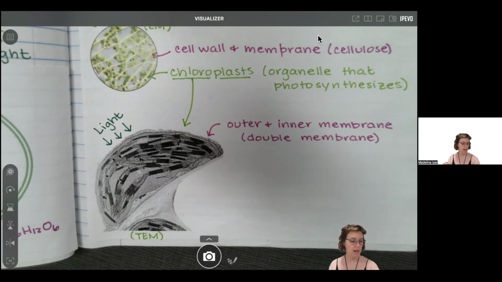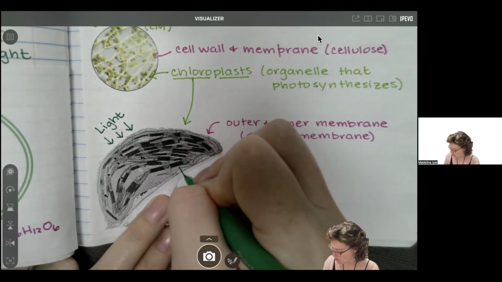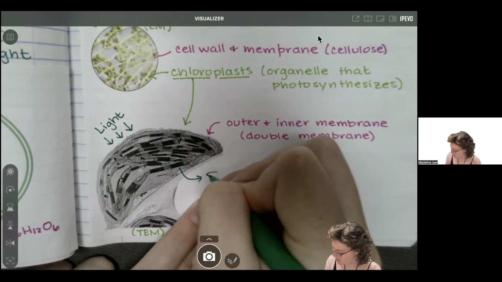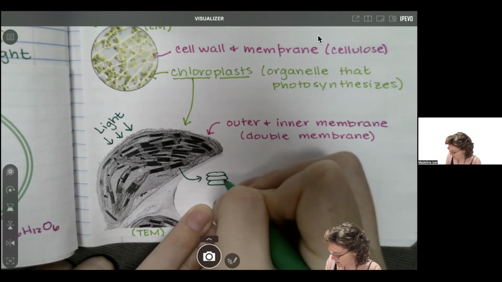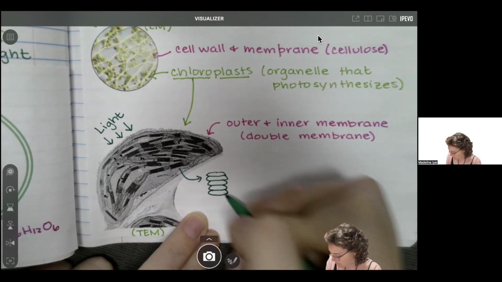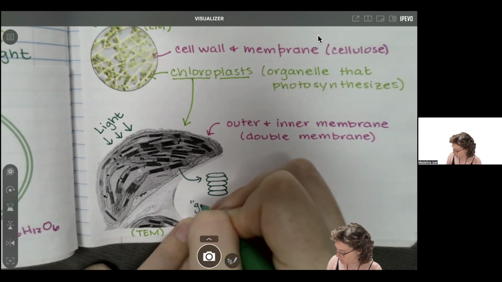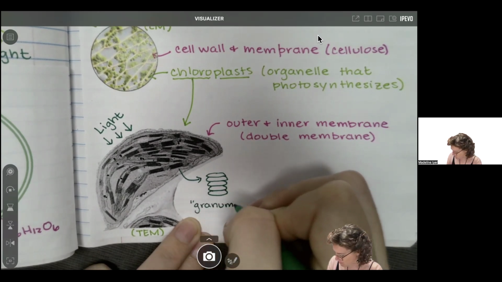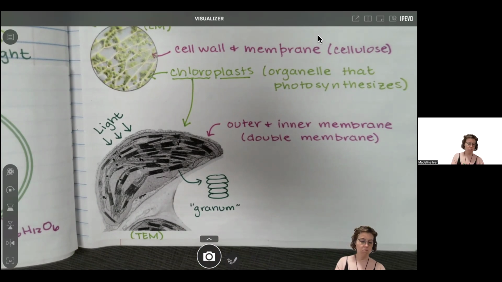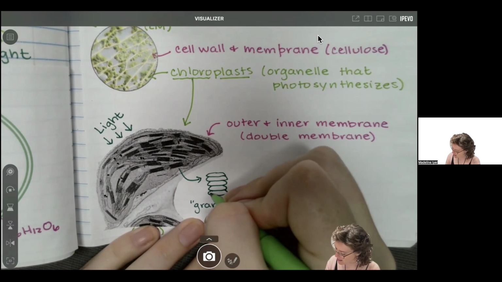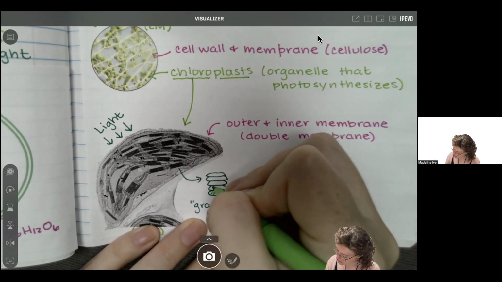So let's pull out a little thylakoid stack. We've got this stack of pancakes here. We call the whole stack a granum, and we call the individual pancakes in the stack thylakoids.